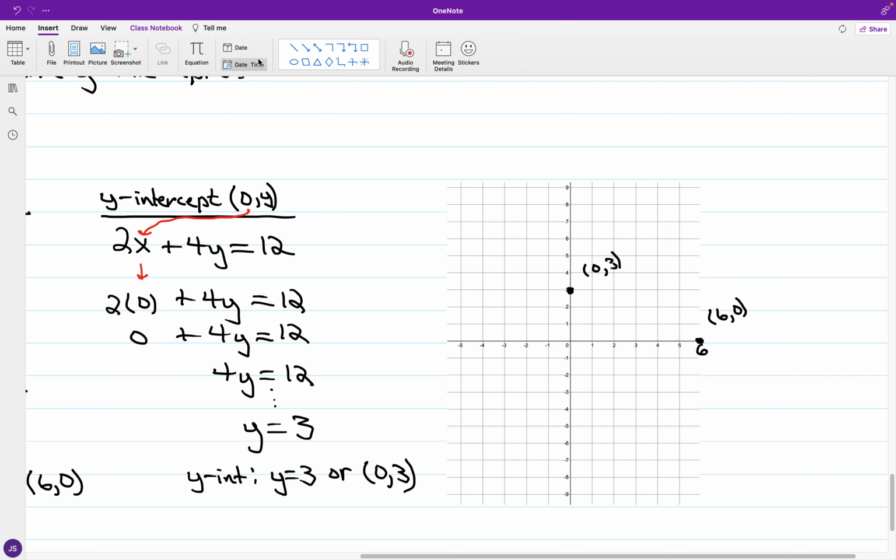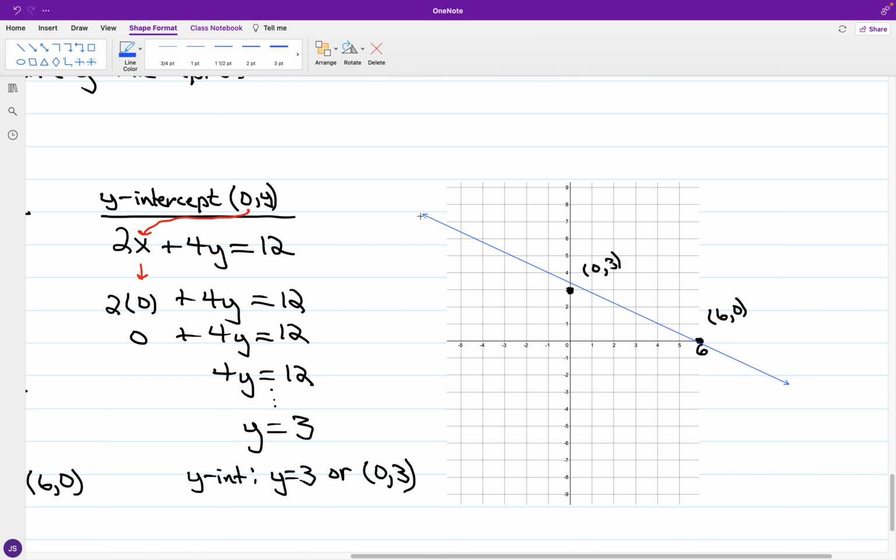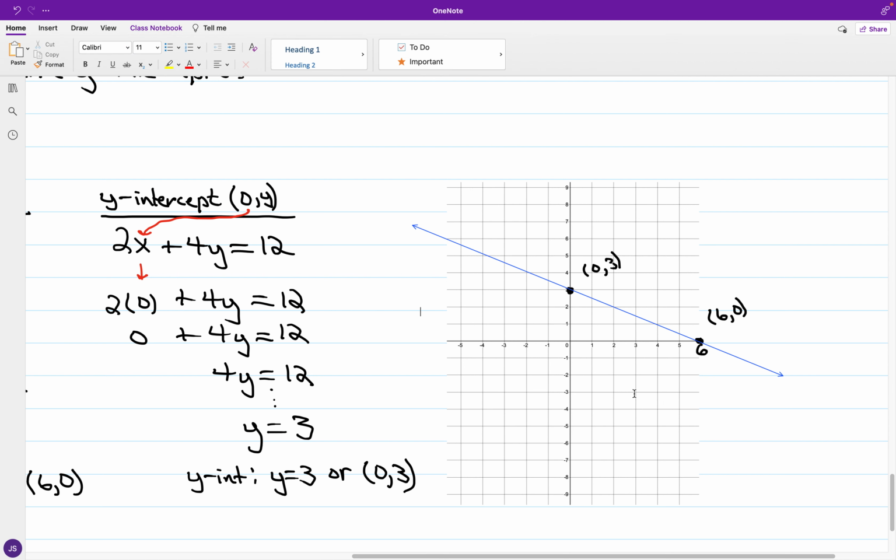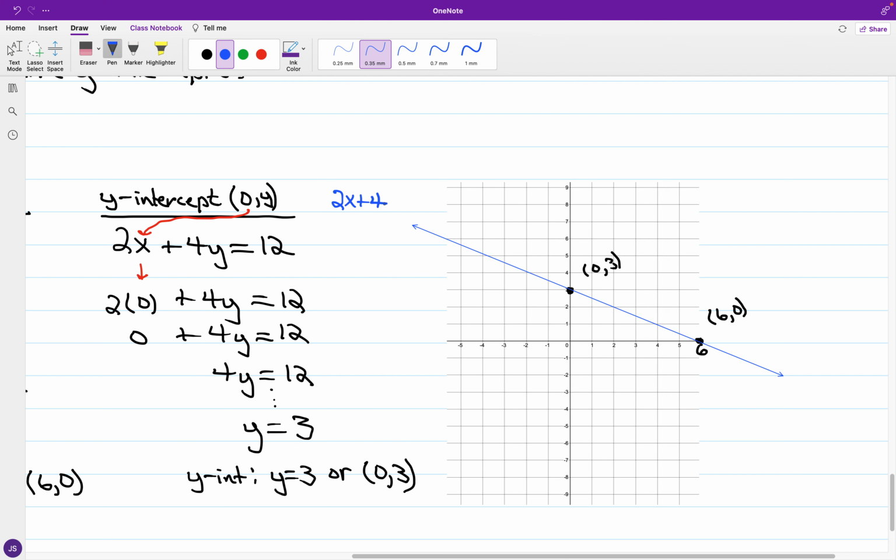And for the line that's going to pass through these two points, for this blue line, this would be inclusive of (0, 3) and (6, 0), and this is going to be the combination of all the x and y values such that 2x plus 4y is equal to 12.